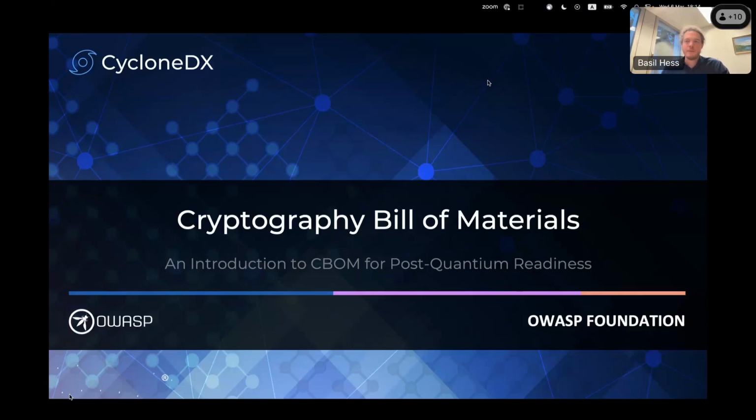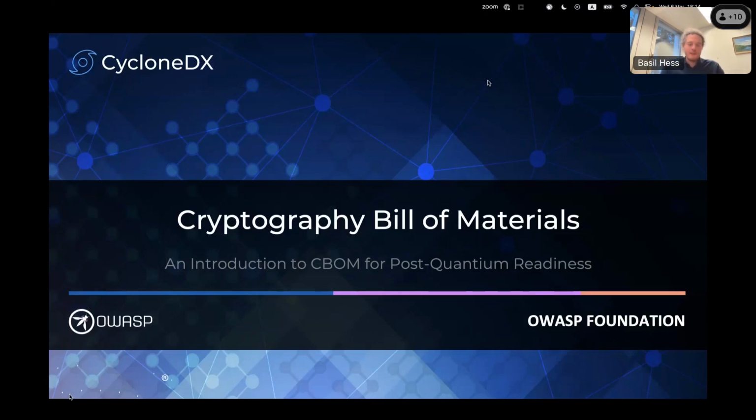So this part is about this work that we have done for more than a year right now, the Cryptography Bill of Materials. We thought we would start with a quick introduction of who is involved in the CBOM working group. I will start with myself.